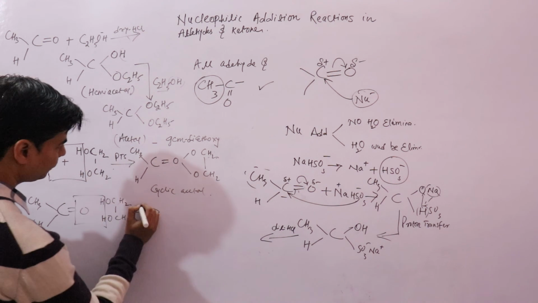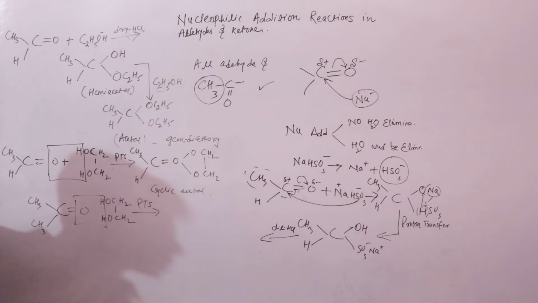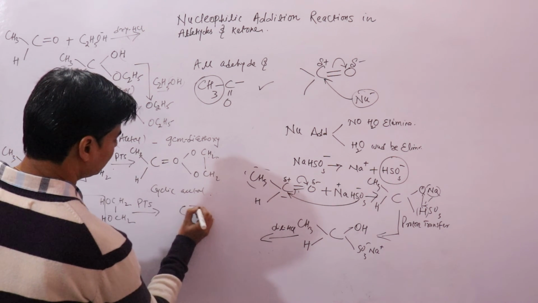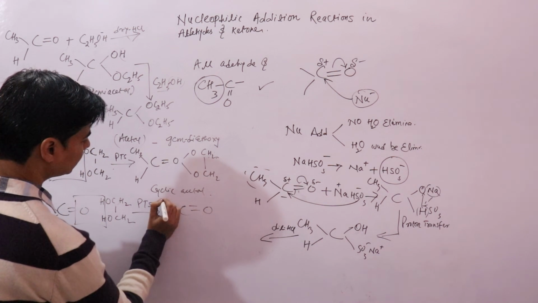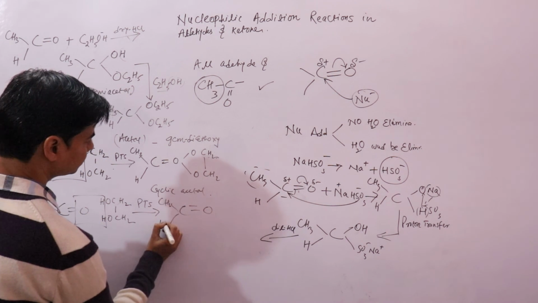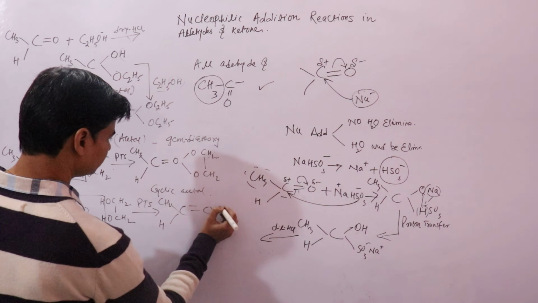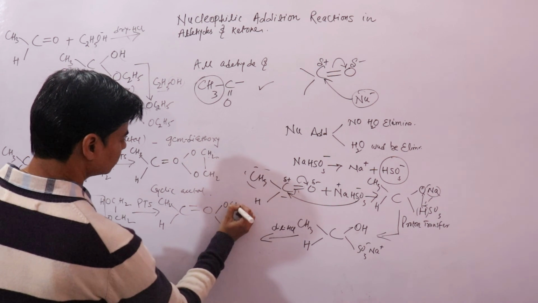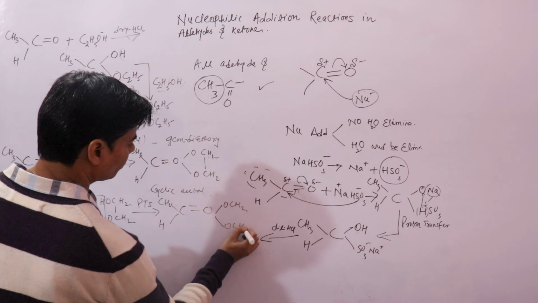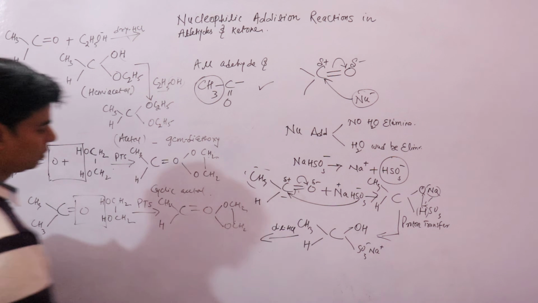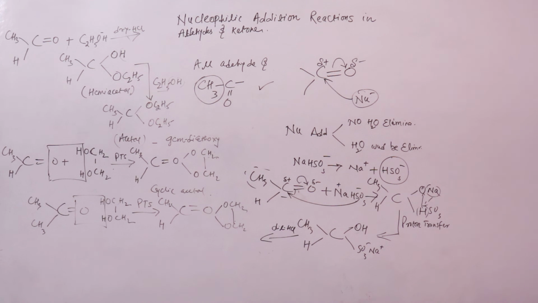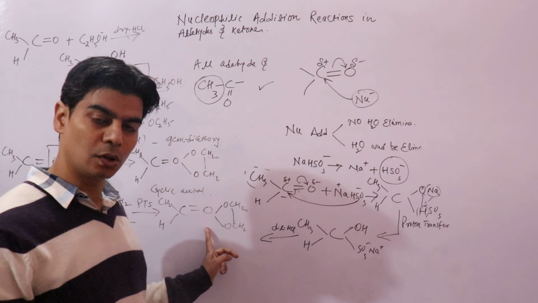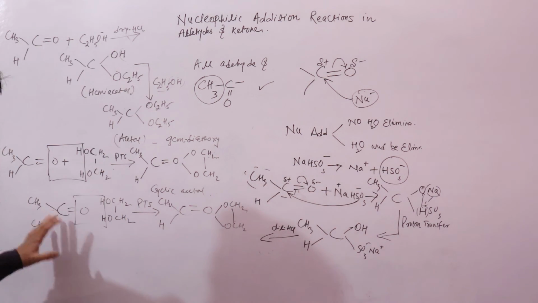The same reaction in presence of PTS, para-toluene sulfonic acid, will form a cyclic ketal. This is your cyclic ketal, and we call it ethylene glycol ketal. I hope this is clear.